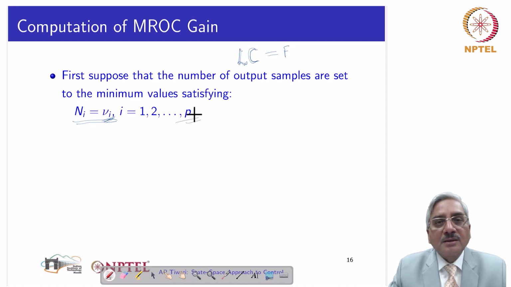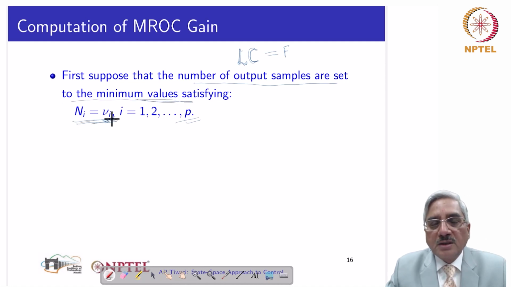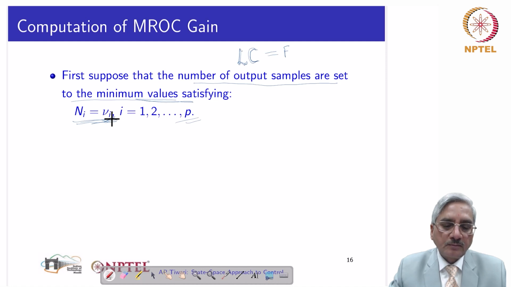This we are assuming, that is the first situation. Number of output samples are exactly equal to the minimum value.